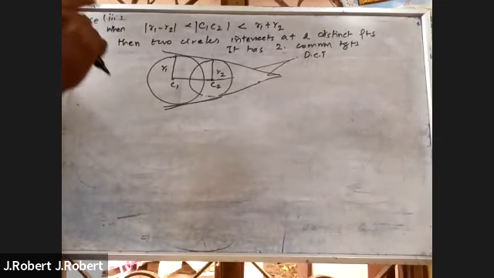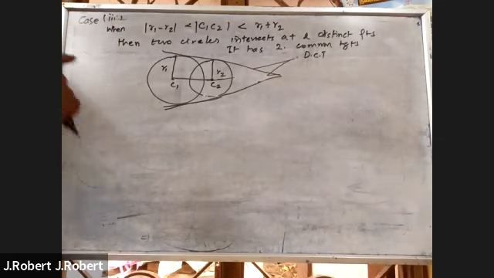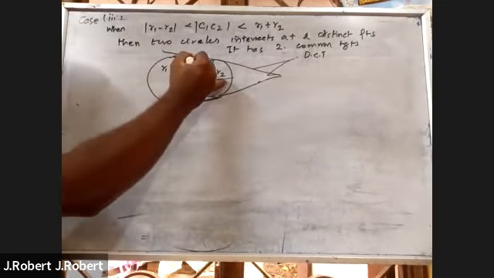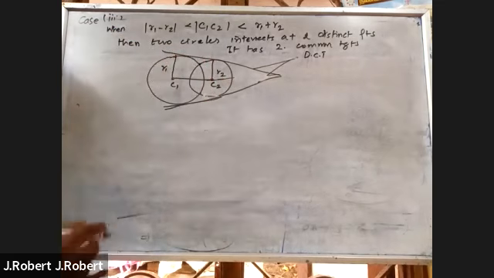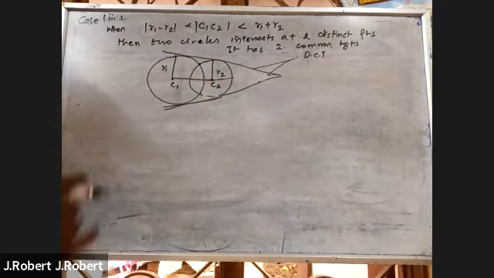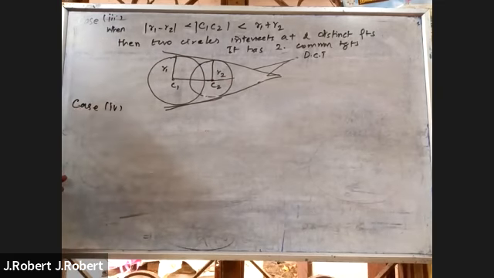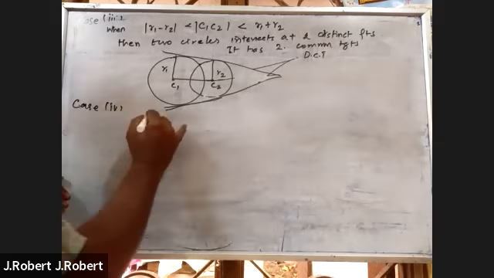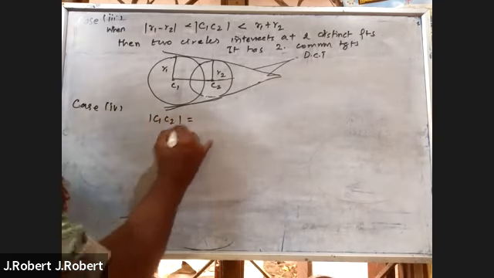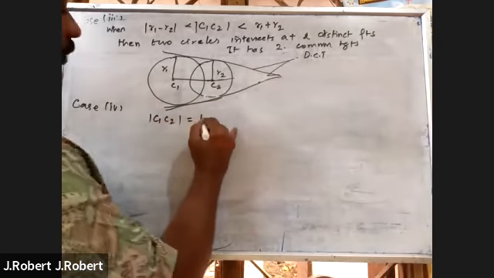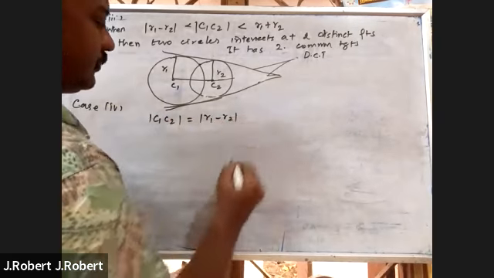Here it is given that modulus of r1 minus r2 is less than c1 c2, which is less than r1 plus r2. Then the two circles intersect at two distinct points. They intersect at a point, so it has two common tangents. Final case 4: modulus of c1 c2 is equal to modulus of r1 minus r2.